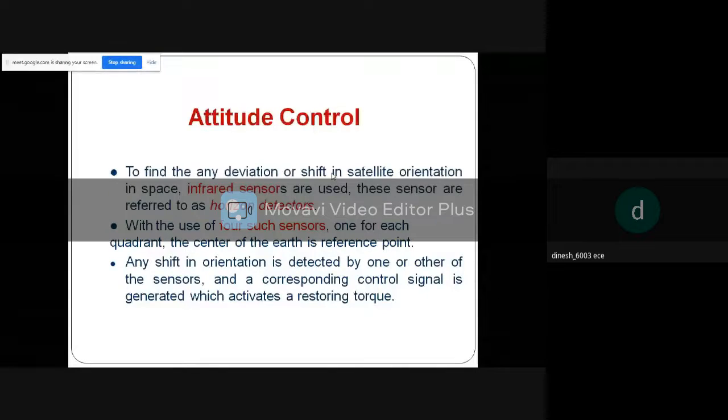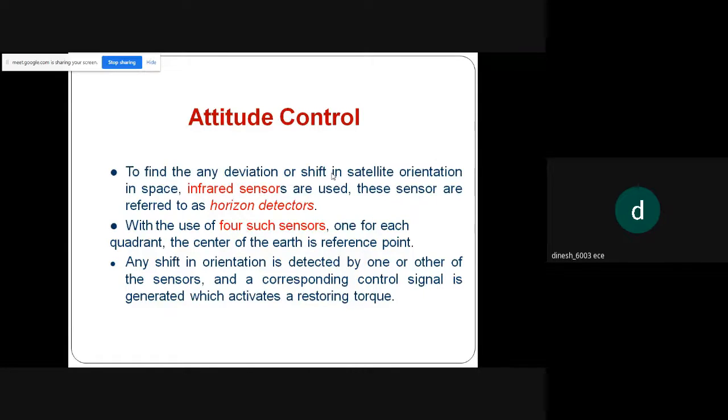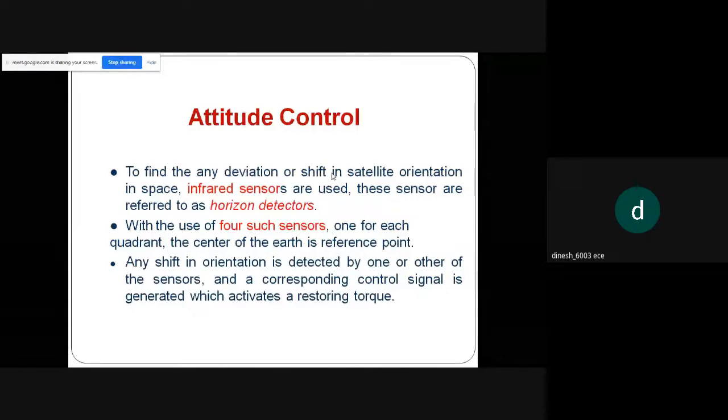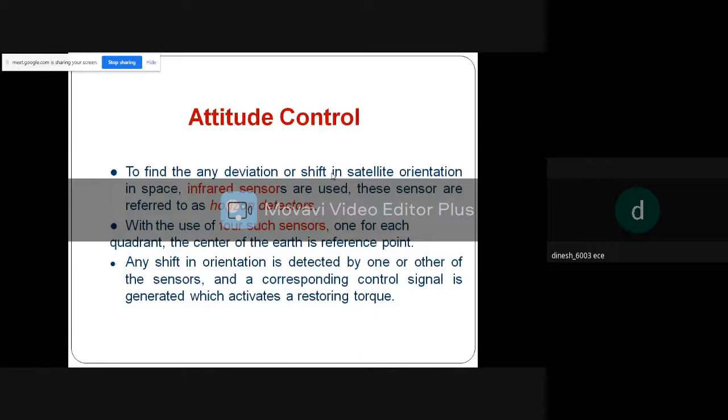Any shift in the orientation is detected by one or the other sensor. If one gets missed, the other will sense it, and a corresponding control signal will be generated, and we'll be having some motors to activate and restore its original position by using some restoring torques.